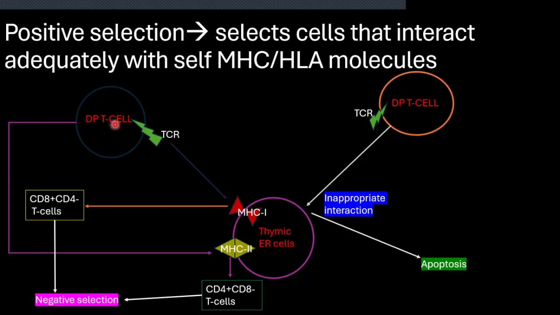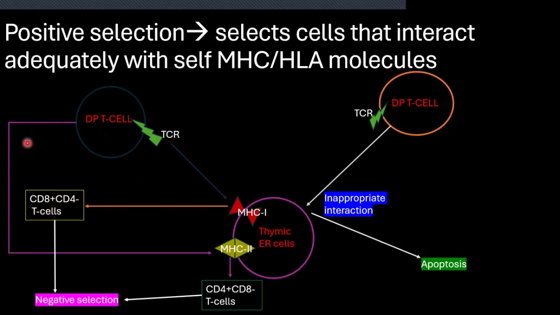So this double positive T cell's fate is determined during positive selection. If it interacts with the MHC type 1 molecule expressed by the thymic epithelial reticular cells, it will upregulate the CD8 molecules and downregulate the CD4, and so become a CD8 positive, CD4 negative T cell.